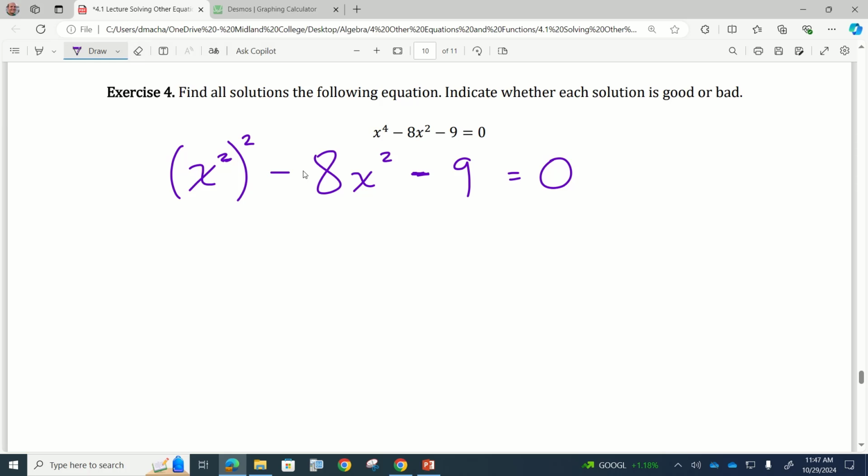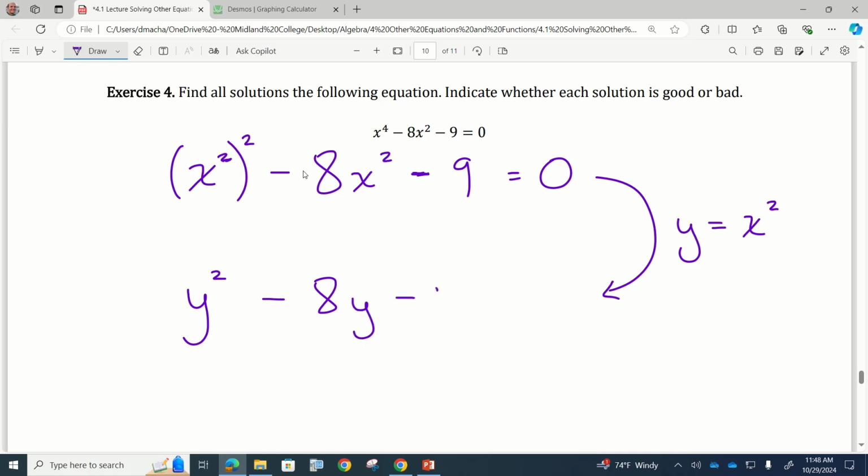And that means one substitution I could actually use here is to say y equals x squared. And then I could rewrite this as y squared minus 8y minus 9 is equal to 0.